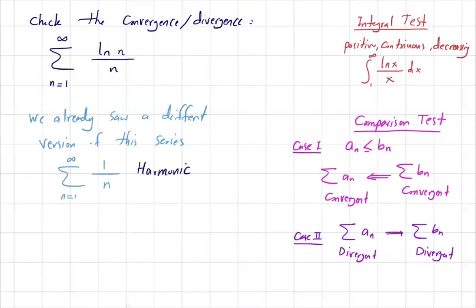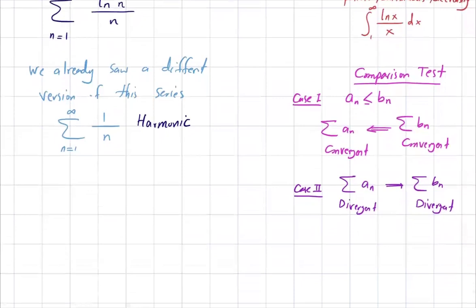As a p-series, this harmonic series is divergent. The summation of 1 divided by n to power p, n starts from 1 to infinity. Since p is equal to 1, you get a divergent p-series.